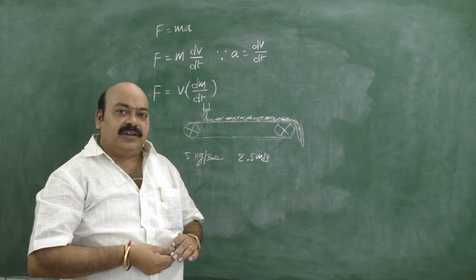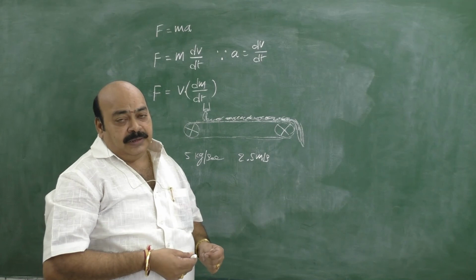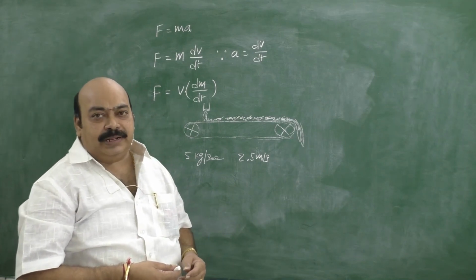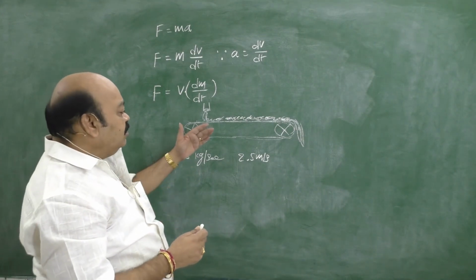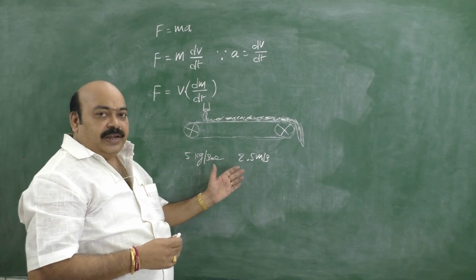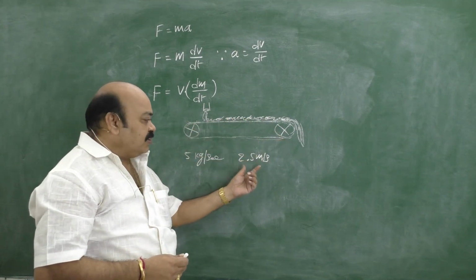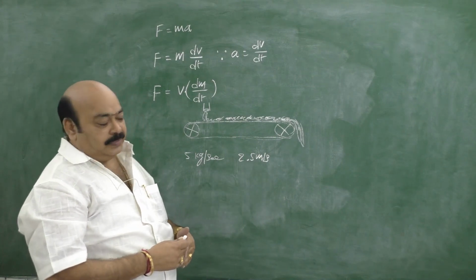What is the status of the conveyor belt? It is in motion. So definitely some force must be delivered to the belt to maintain that motion. Now our job is to calculate the force required to keep the conveyor belt moving with a constant velocity, which in the data is 2.5 meter per second.